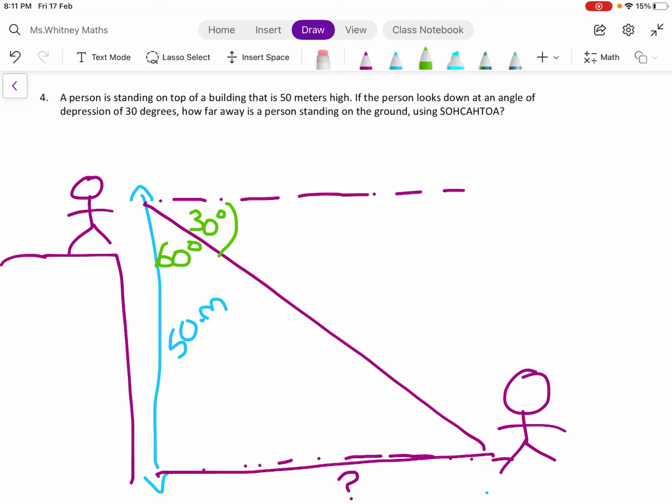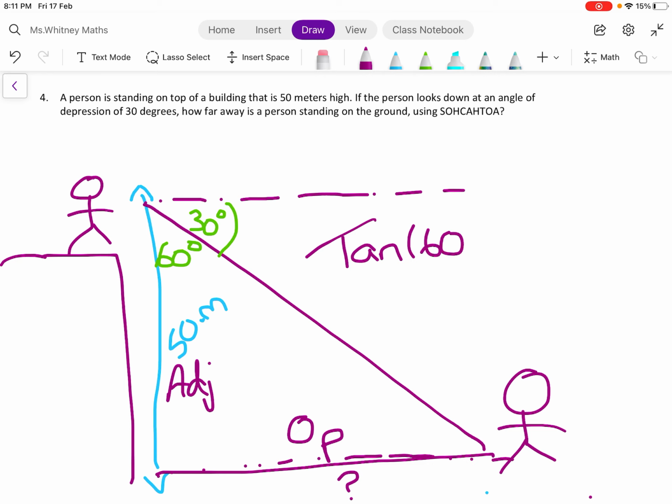Now, we have the height of the triangle, and we have the 60 degrees, so we are looking for the opposite, and we have the adjacent. So we're going to use tan. So we know that tan of 60, because that's inside the triangle, equals opposite over adjacent. Now, to move the 50, we're just going to multiply by it.